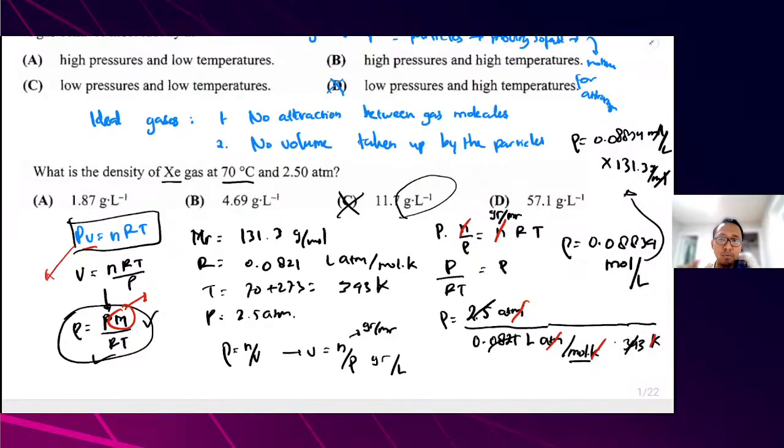So please make sure the unit should be the same.